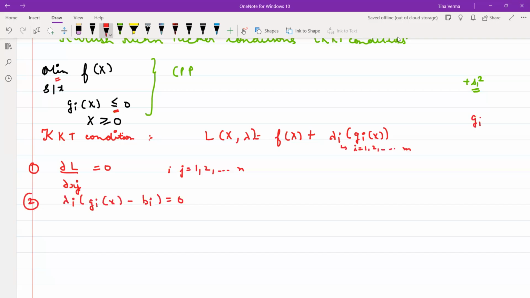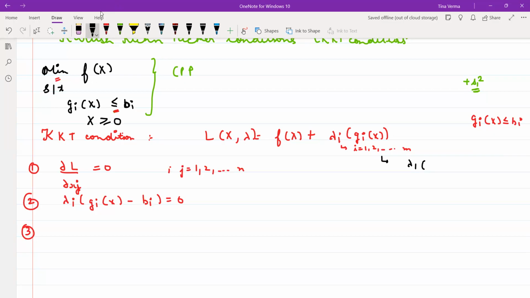That means you consider that g_i(x) should be less than or equal to b_i, right? You should remember how we construct the function with lambda 1, whenever we have 2x1 plus 3x2 equal to 7, we consider minus 7 equal to 0, right? So g_i(x) minus b_i should be equal to 0.